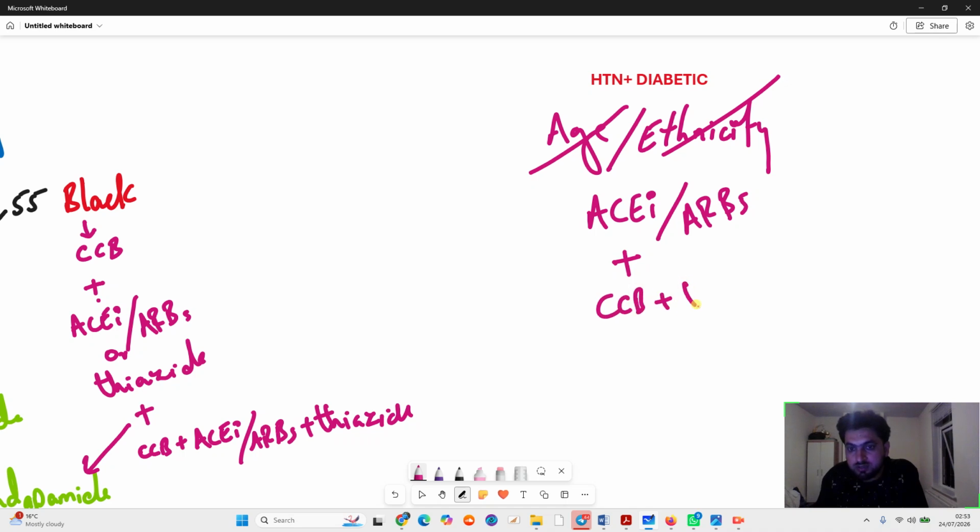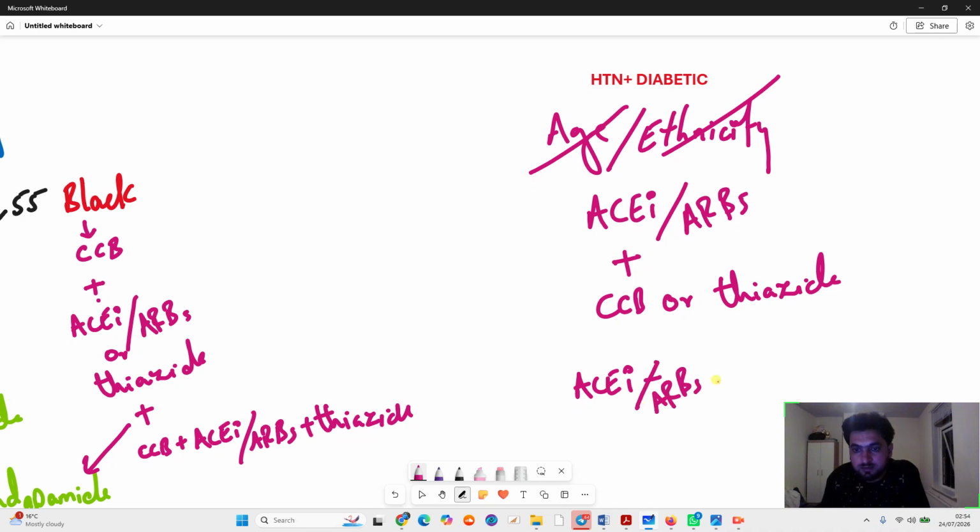Then, if not controlled, you can add the calcium channel blocker or thiazide. If not controlled, you can choose all of them, a combination of three: ACE inhibitors or ARBs plus CCB, calcium channel blocker, plus thiazide.